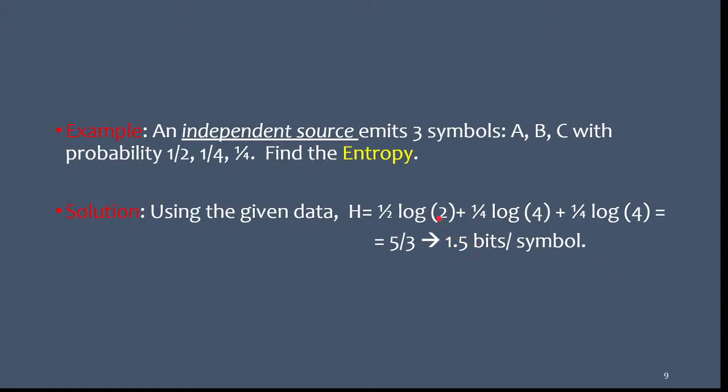The other method of finding the entropy is you find the individual information content of A, B, C, and then add all of them and divide by the total number of messages. Of course, we have a simplified equation for entropy, so we may directly use that. But the entropy can be found using these two equations.